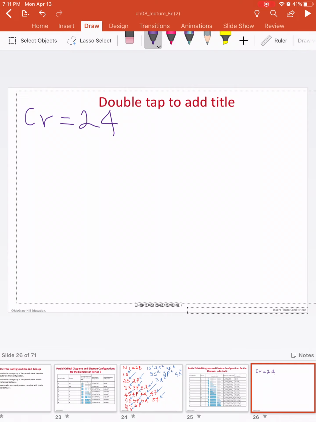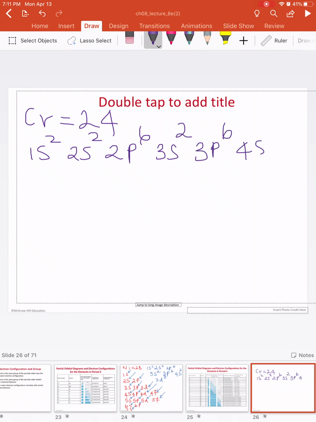And we're going to use the same order to fill it up. So chromium would be 1s2, 2s2, 2p6, 3s2, 3p6, 4s2, 3d4. So this is going to be your valence shell.